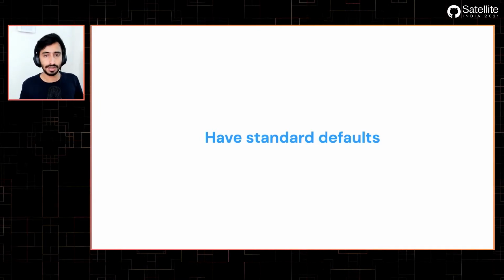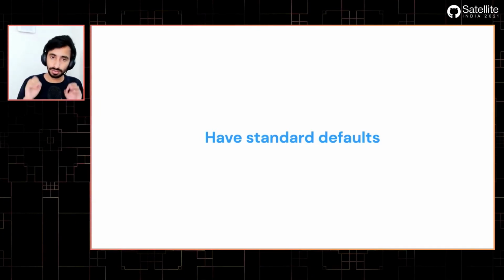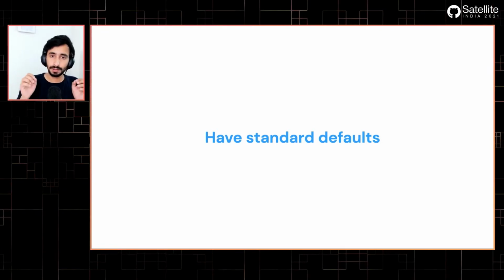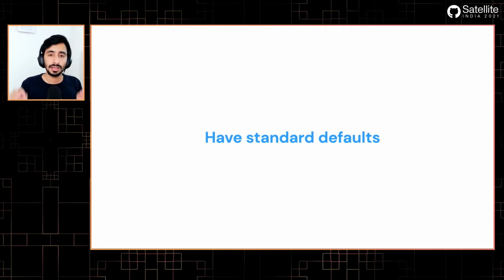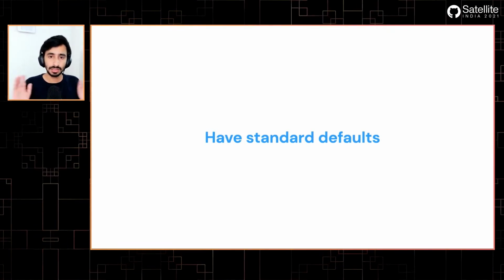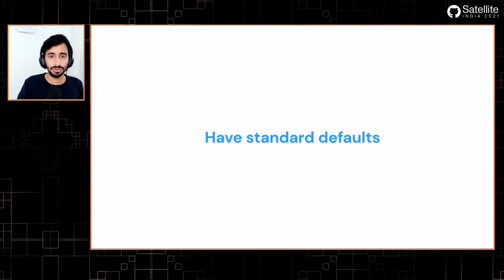Then you have that particular meeting opened, right? So you have to think like that, where you provide a standard default for all the options, so that whenever a person comes in, it's very easy to get started with the project and try to use it.